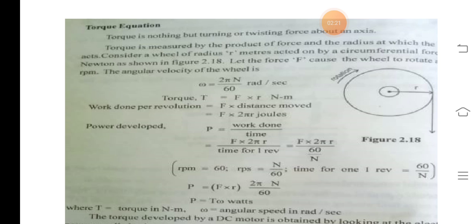So a DC motor always has some initial torque, and that torque contains force into radius of the conductor. So T equals F into R. Torque unit is Newton meter.